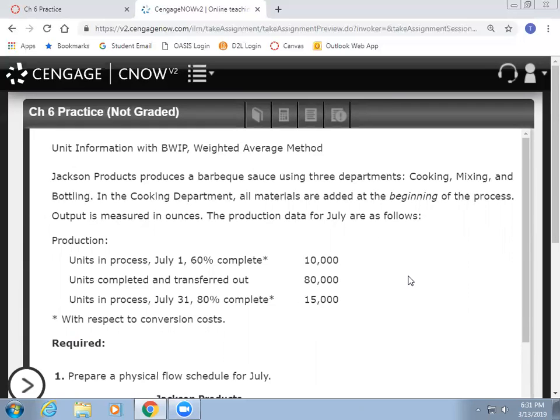The only thing, again, with the weighted average method is it's easier to calculate, but it's not as accurate because you are considering all the costs. So you're actually adding in costs. In this beginning work in process, the costs we've already incurred last period are added in this period. So it's just not a true representation of the period cost.